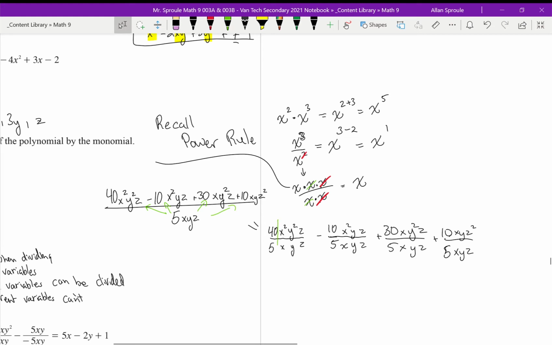And how I deal with these problems is I sort of think about these as separate values. So anything in between these columns, I'm going to divide by each other. That's why I gave myself a bit of space. So the 40 divided by 5 is going to give me 8. I'm sorry, let me extend these down so we can follow.